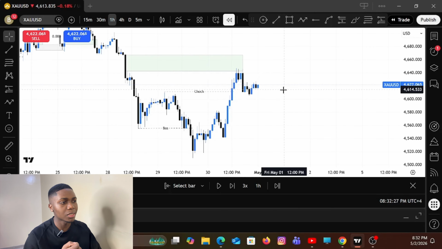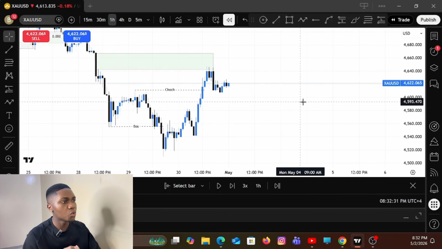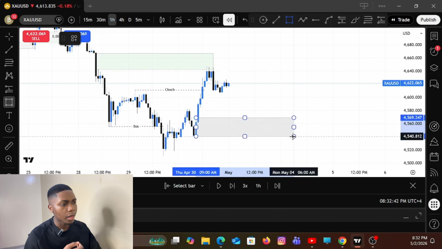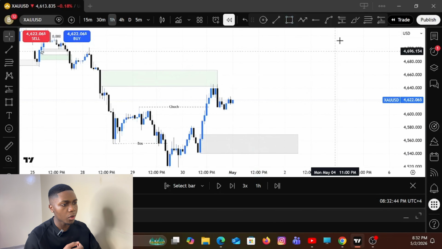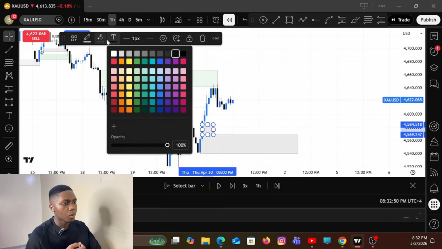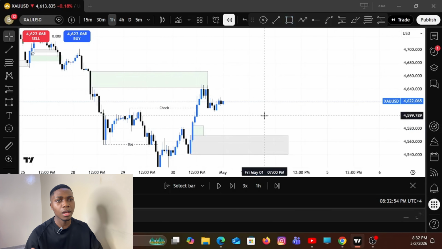So when I had my change of character, what I just needed to do is to look for my valid levels, my point of interest. And this is an order block here. The order block created a fair value gap here, which is very much valid, because there are some order blocks and fair value gaps that are valid and some that are not.